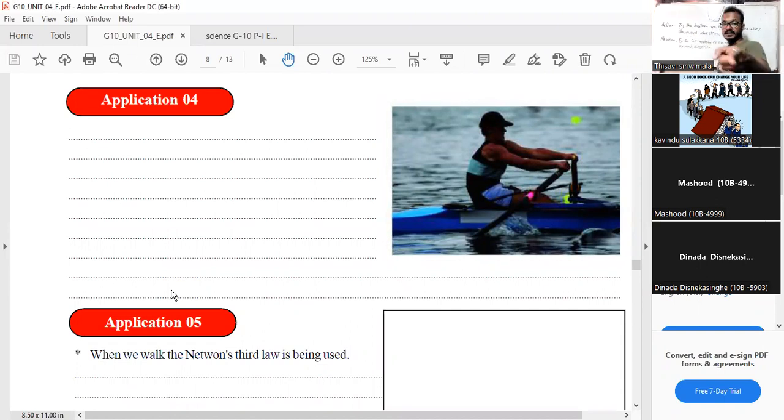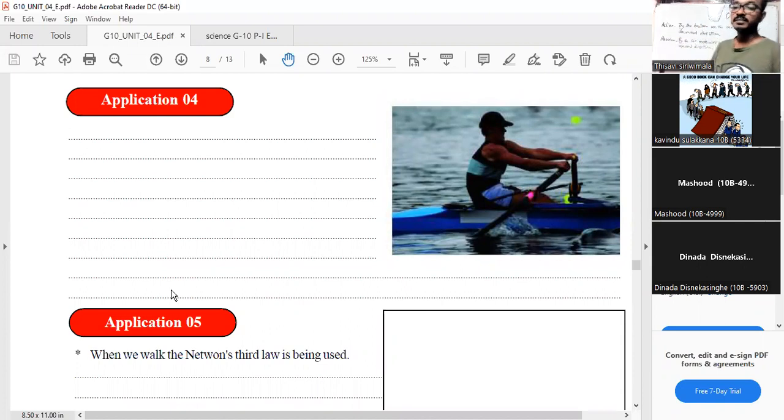Okay, we'll write the action. The action by the oar on the water backward.